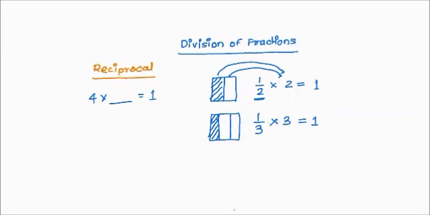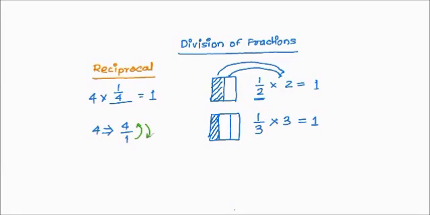How do we find the reciprocal? Here for 4, I will have to have the reciprocal as 1 upon 4. 4 into 1 upon 4. So what I am actually doing is, 4 can also be represented as 4 upon 1, isn't it? We know that a whole number is also represented as the whole number upon 1. Now, we interchange the positions of numerator and denominator.